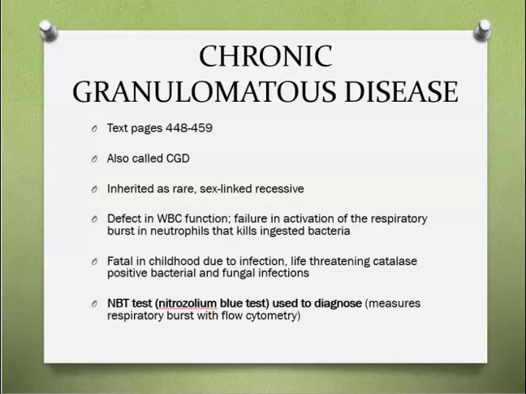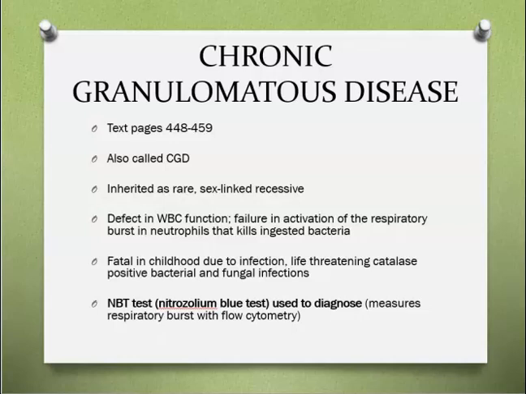So what's the respiratory burst? It's a rapid release of O2 that helps kill pathogens. This particular disease is fatal in childhood due to infections. It's life-threatening, catalase positive, bacterial and fungal infections. So infections are allowed to take over the body because the white blood cells cannot do their job.